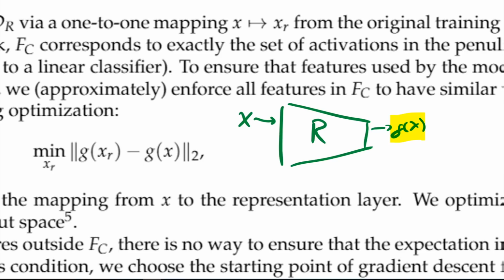And then if I have a second image, XR, and I start it from random noise, and I match the representation of X by changing XR, basically I will transfer all of the robust features from X, but nothing else, right? Given that I start from random noise, this means random noise has no features.